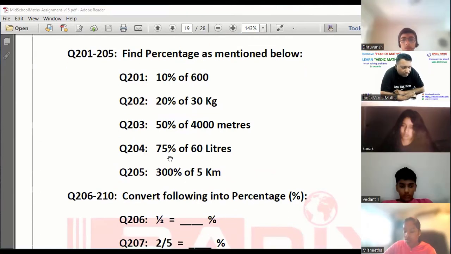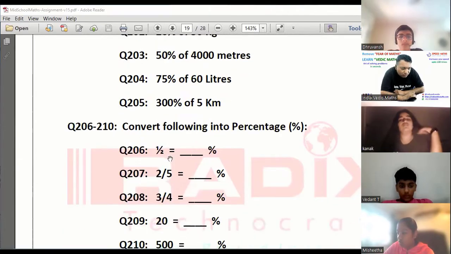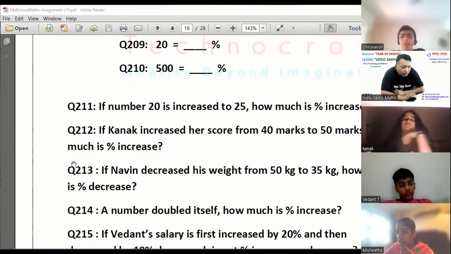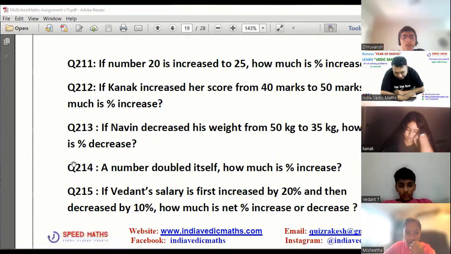Tell me. 201 to 205. Anybody any question? Nishita, all good? 206 to 210, converting numbers, fractions or decimals into percentage. Dhruvansh, all good? Doable? 211 to 215, it's all about percentage, but in a word problem.